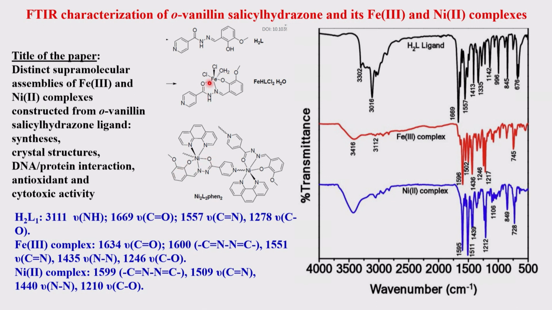So you can see that the ligand is bound to the metal ion through the CO. You can also see the CN stretching at 1557, then 1551, and then 1509. The CN vibration frequency varies slightly, and that's what we are seeing, 57 to 51 to 1509.